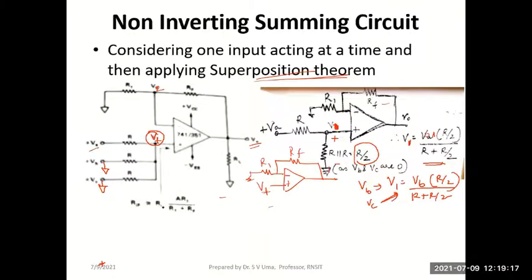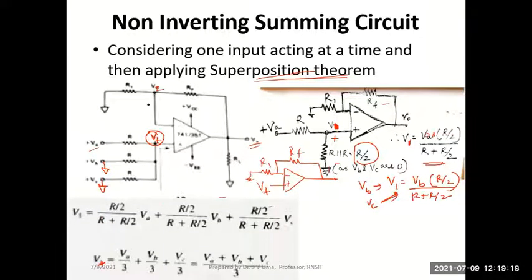Now, what we did is we set the total voltage at the non-inverting terminal, V in or V plus, as I told you we'll call it. So the total voltage at the non-inverting terminal, due to the superposition theorem, is the sum of the individual voltages due to VA, VB and VC.